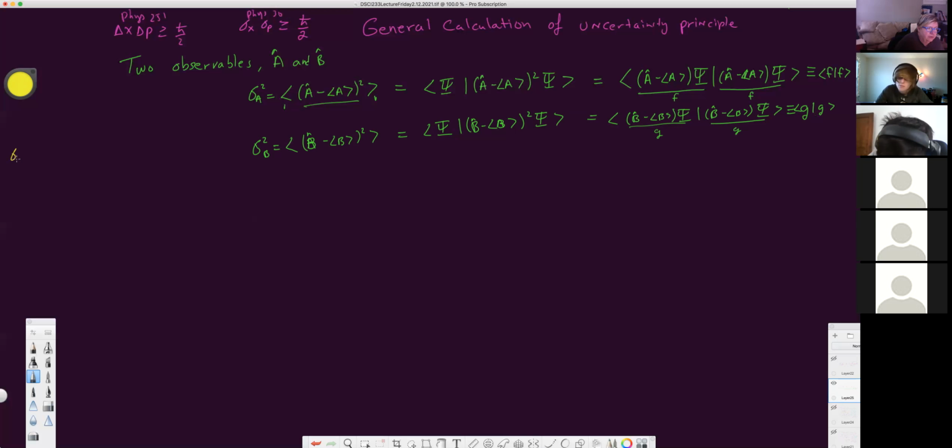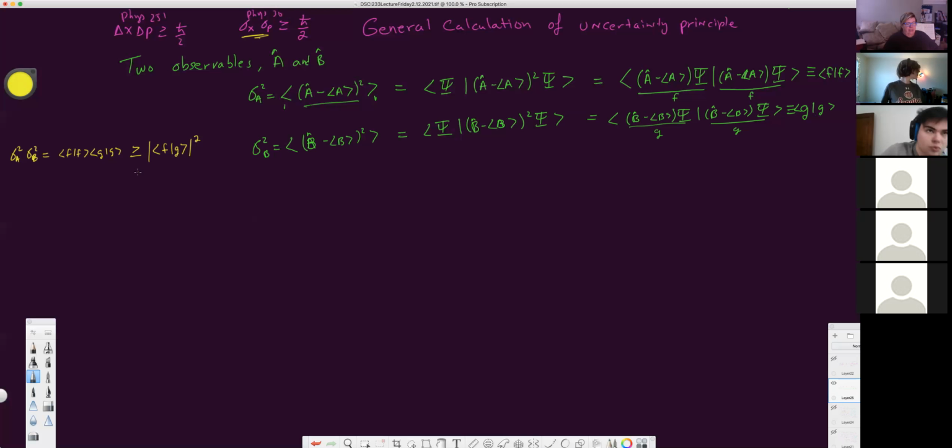If we multiply sigma A squared and sigma B squared together, because remember, we were after this, we get F inner product with F times G inner product with G. And the Schwarz inequality says that this product will be greater than or equal to the inner product of F on G, squared.